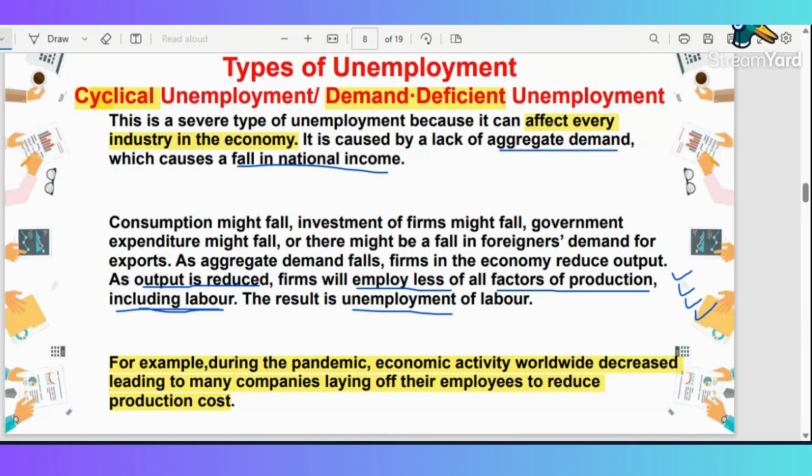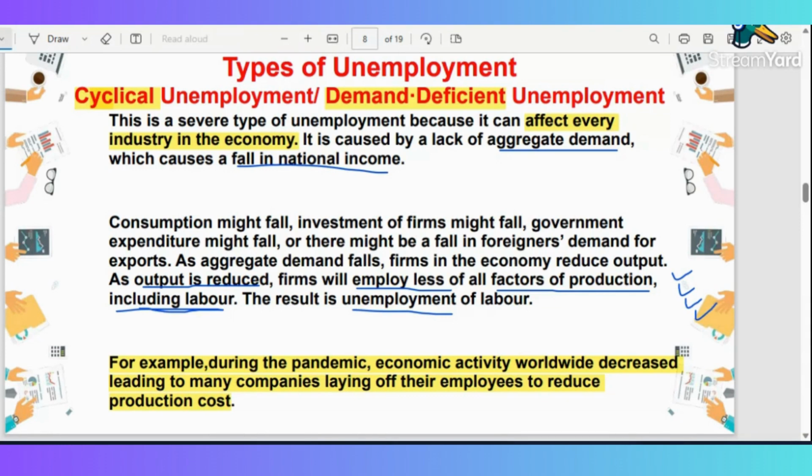If a firm had 100 labor and now the demand for these products has declined, we don't need 100 labor anymore. We might only need 20 or 50, right? So we have to send home employees and say, we cannot compensate you anymore.